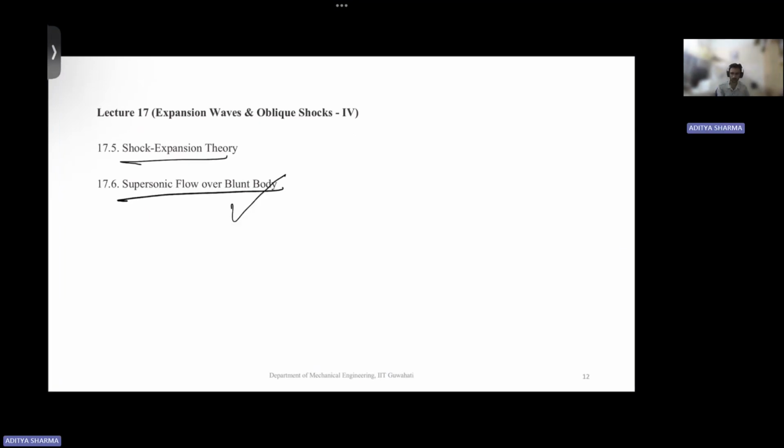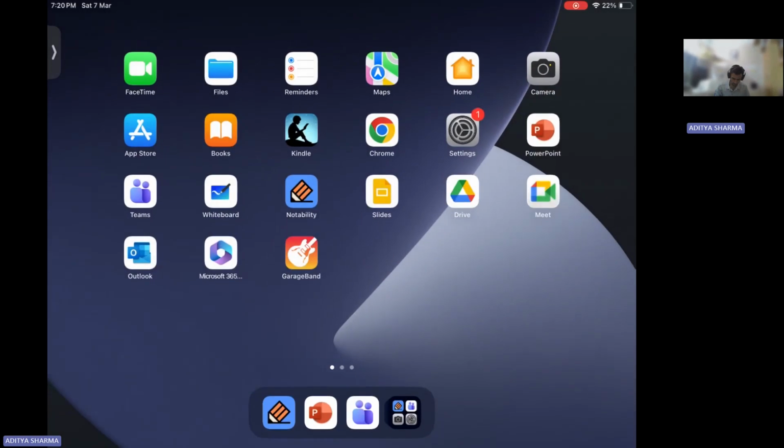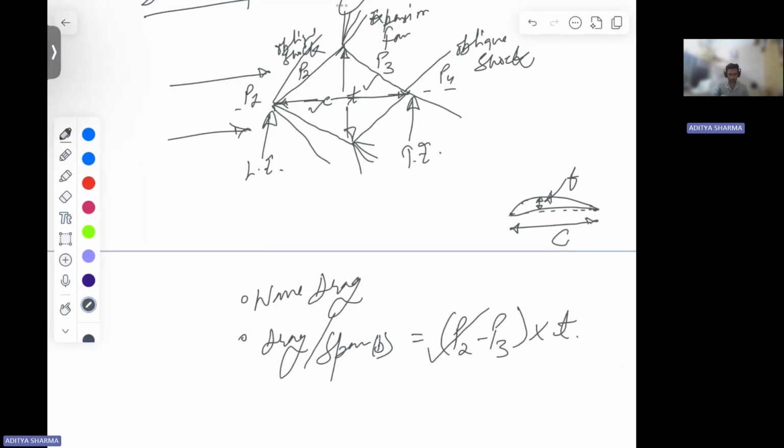Then supersonic flow over blunt bodies. When supersonic flow is over a blunt body, what happens?